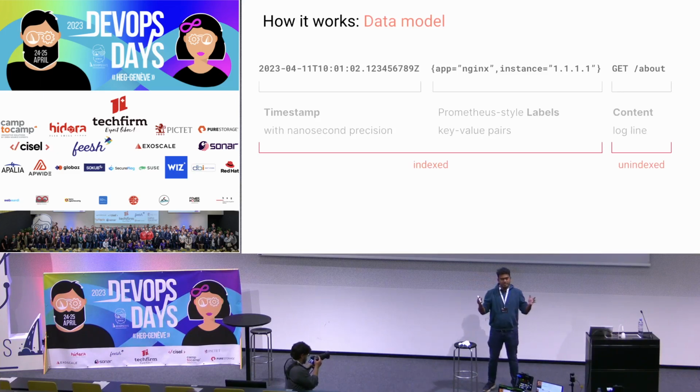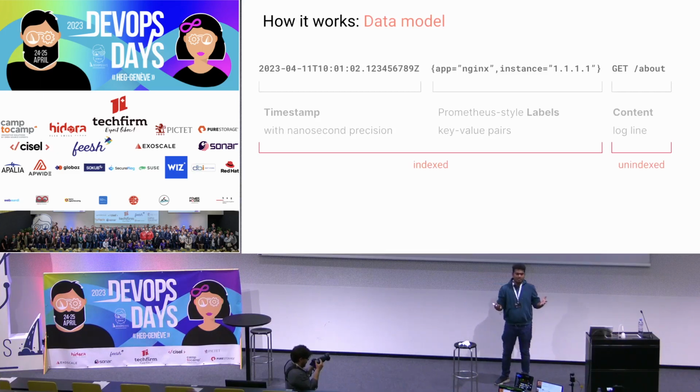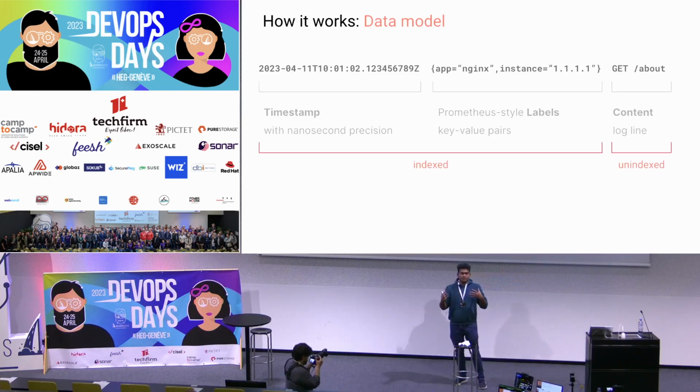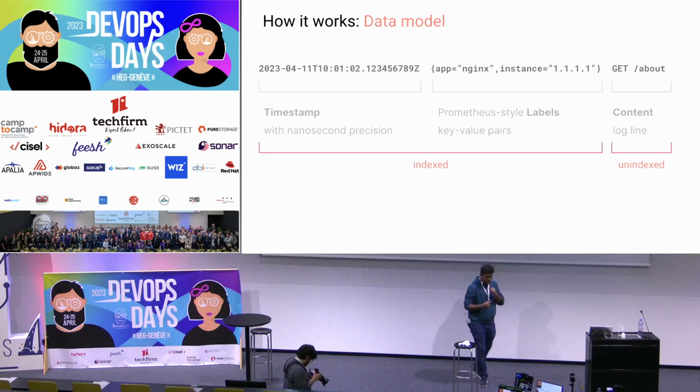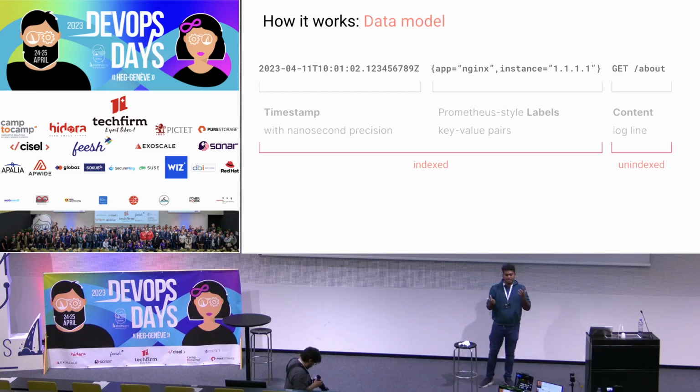What I mean by that is, we are a logs database, right? So every log line will have some kind of timestamp. And in Loki, like I said, it's inspired by Prometheus, where labels have a bigger impact. These labels are what we call key value pairs, and then your actual log line.